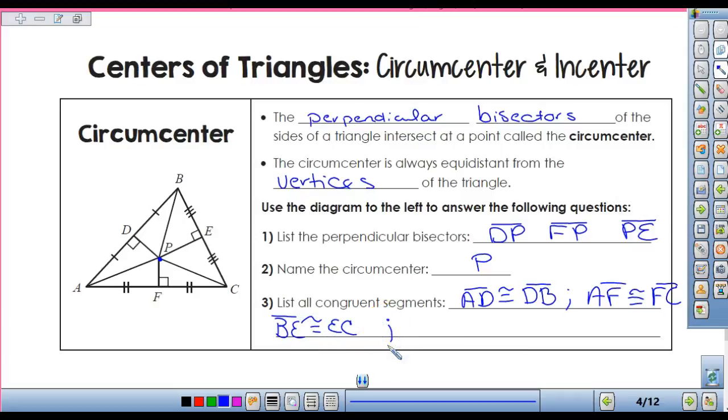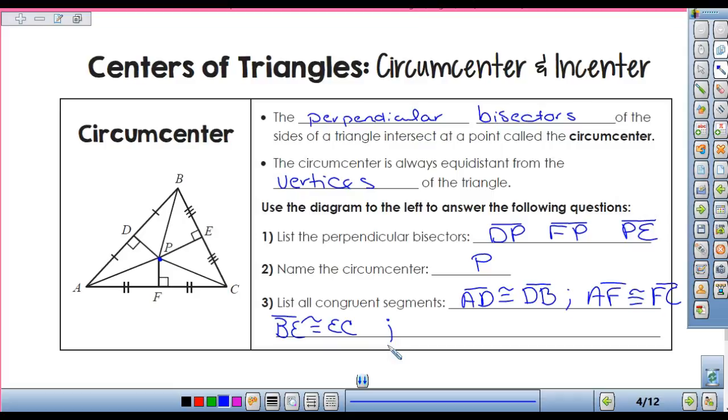Now, this is the important part when we're talking about circumcenters. It says that the circumcenter, so point P, is equidistant. What does equidistant mean? Equal distance, yep, from the vertices of the triangle.